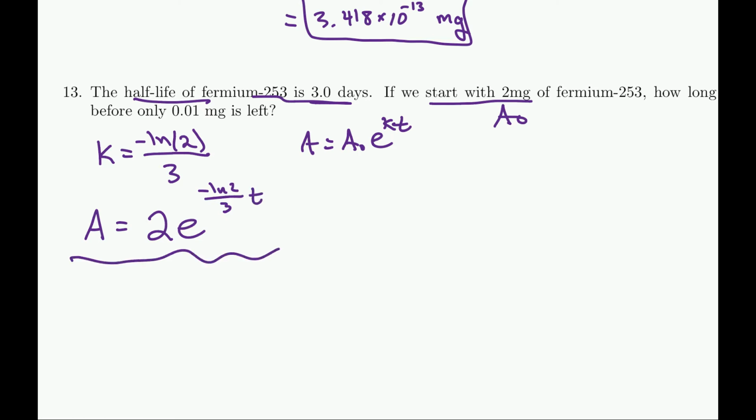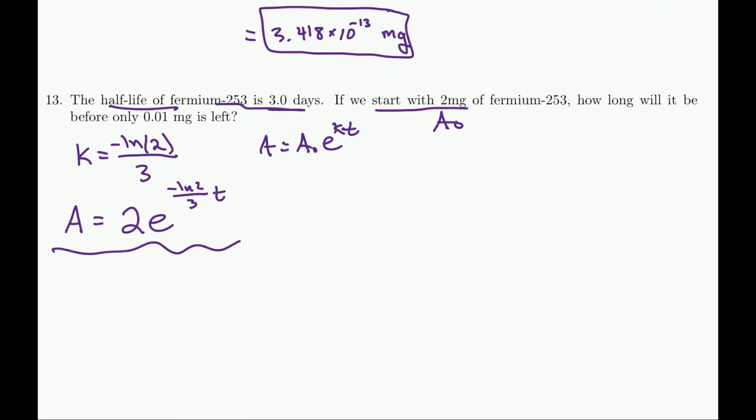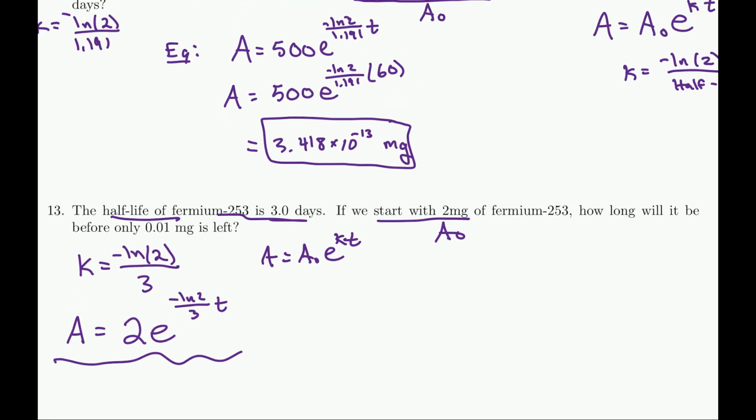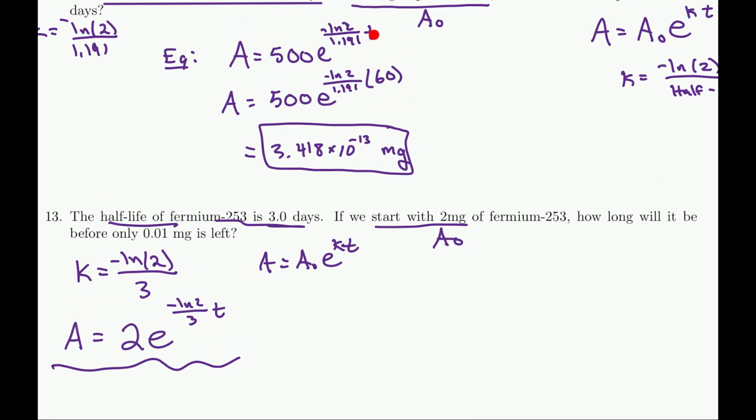And then what we want is a slightly different question than before. The question is, how long will it be before only 0.01 milligrams is left? They didn't give me a T, right? On the previous problem, they gave me T equals 60 days, and I calculated the A, which was the amount left.